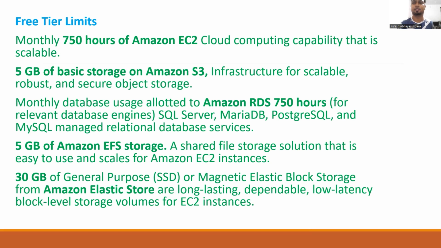We get 5 GB for Amazon EFS storage as well, and 30 GB for general purpose SSD or magnetic Elastic Block Store from Amazon, a long-lasting, dependable, low-latency block-level storage volume for EC2 instances. Okay, those are the free tier limits.